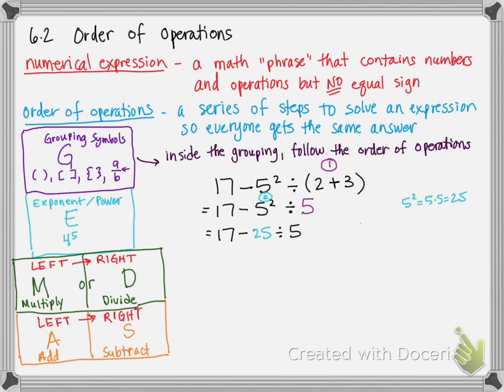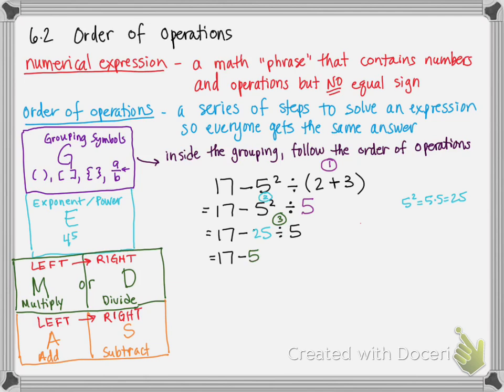Then I'm looking for any multiplication or division, and I see division. So that is going to be my third step. And so I get 17, and then a minus, and then 25 divided by 5 is 5.